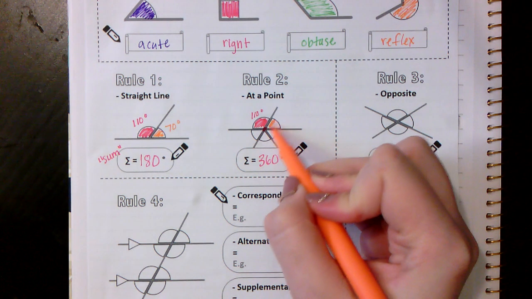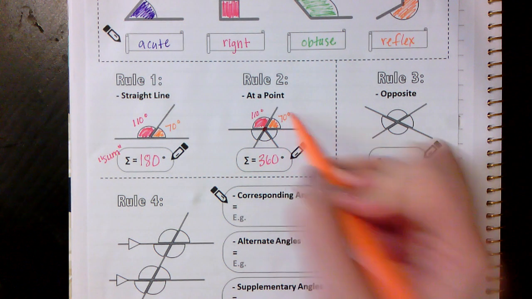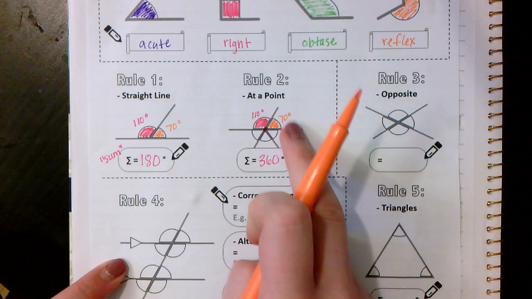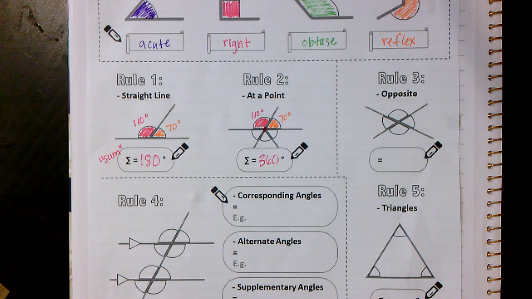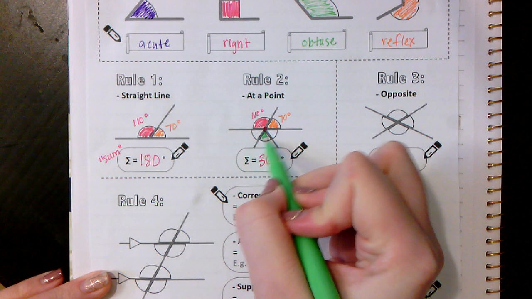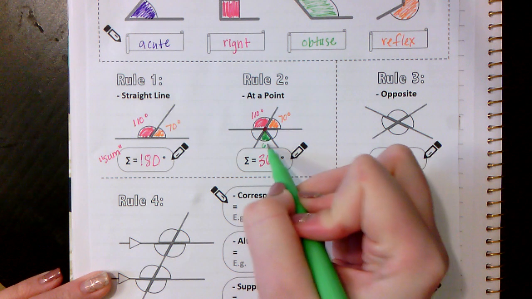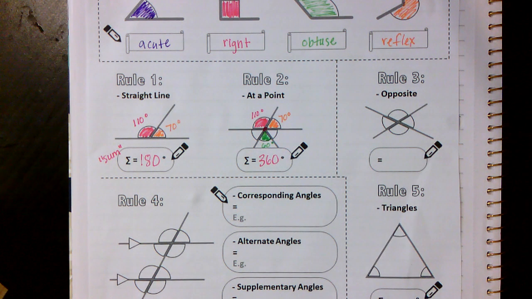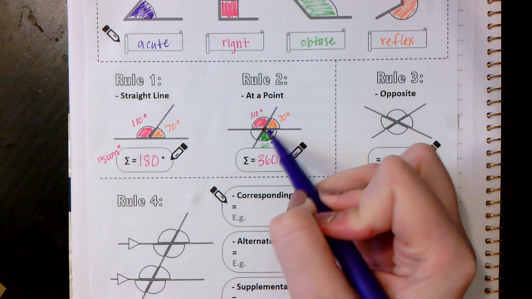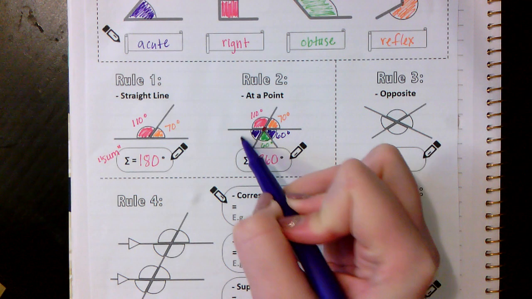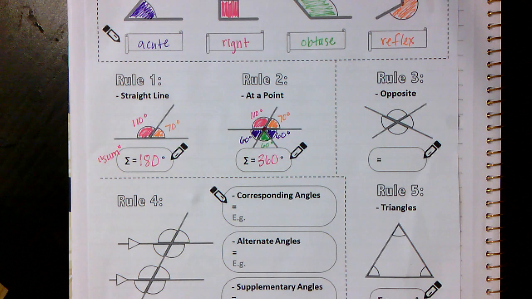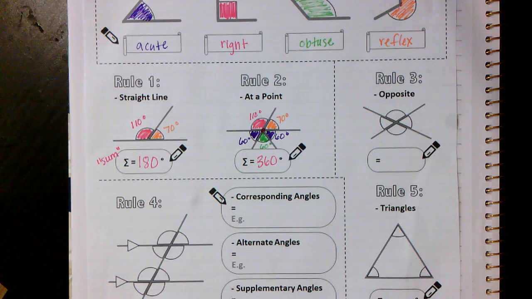I'll make this 70, like the first example. And then, so that equals 180. These three down here also have to equal 180. So let's split them into even little pieces. 180 divided by 3 is 60. Okay, so let's say each one of these little pieces of the pie is 60. And all together, this is going to add up to give you 360.